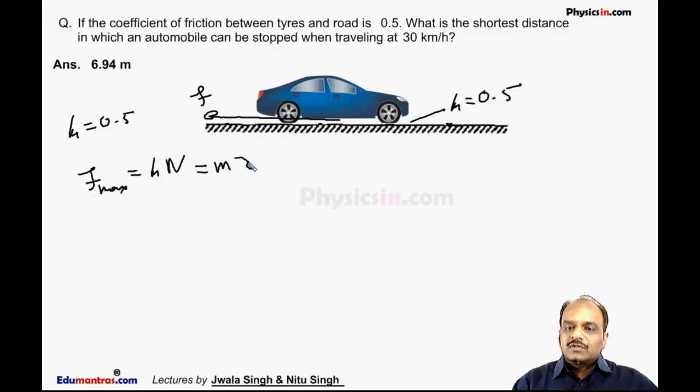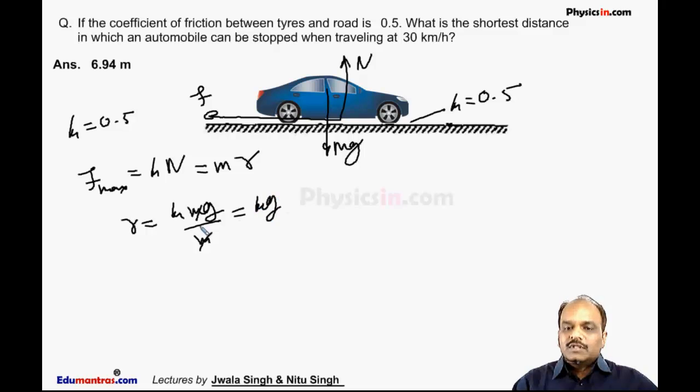This is also equal to mass into retardation. So from here we get retardation is equal to mu times normal reaction divided by mass. Here this is mg and this is the normal reaction. So we can say the normal reaction here is mg, divided by m. So retardation is mu g. This is the maximum retardation.